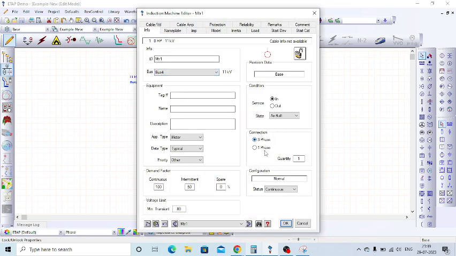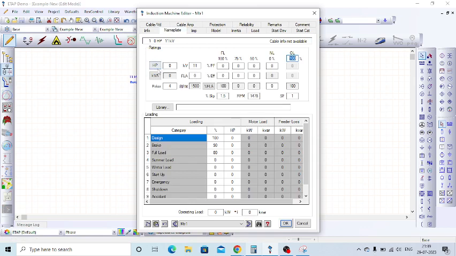Then single phase motor or three phase motor, that information we have to update. Then rating. In the last session I told, if you press the HP, it will change to kilowatt, HP or kilowatt. So I'm just considering it is a 1500 kilowatt motor.